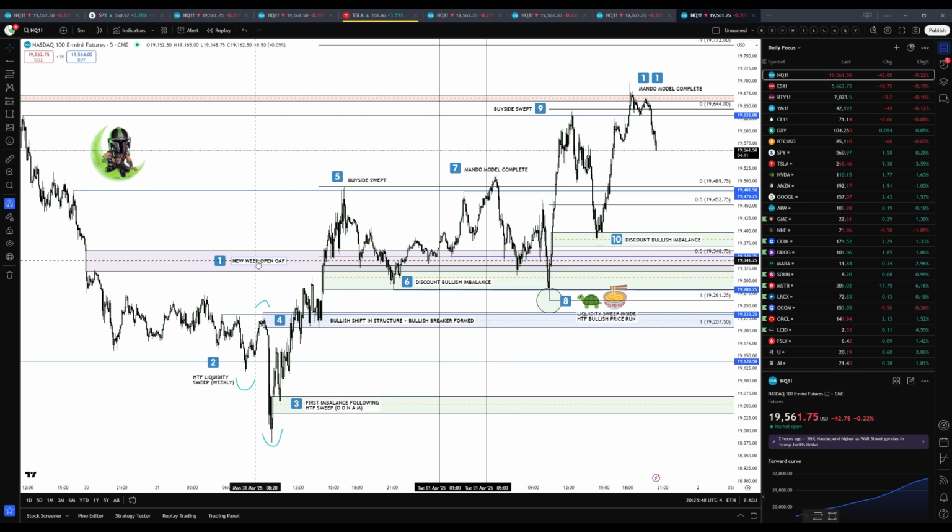We've talked about the new week open gap, right? And this was more so last year, but even starting into this year now, think about it. From Q4, really was a pretty upward trajectory, right? The new week open gap to me did not play as much of a role because we were expanding to the upside ultimately to take out a lot of highs, and this was across the board, not just Nasdaq, okay?